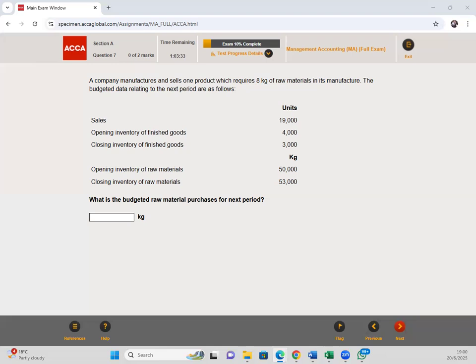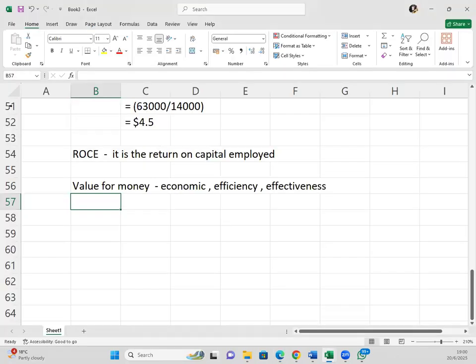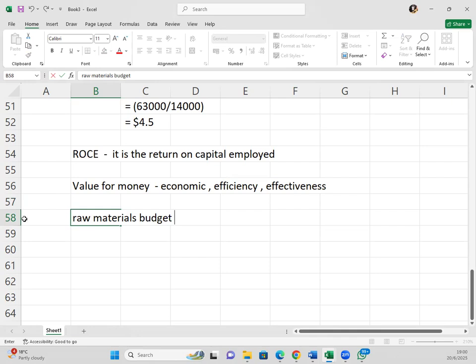So for us to tell the raw materials budget, let's go to our Excel. So we have the raw materials budget. For the raw materials budget, we say usage.